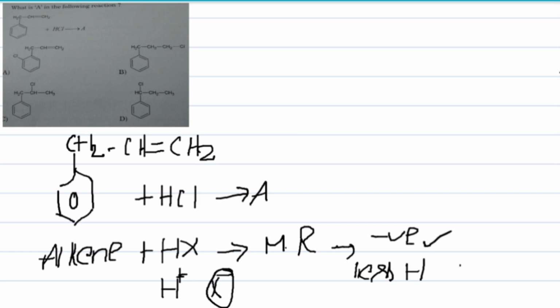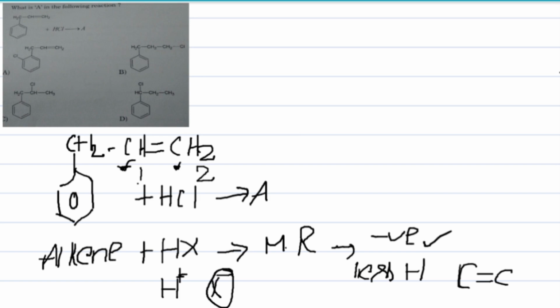So now in the given compound, this carbon and this carbon both are double bonded carbons. At this carbon only one hydrogen is there, and at this carbon two hydrogens are there. So at this carbon less number of hydrogens are there, and at this carbon more number of hydrogens are there.